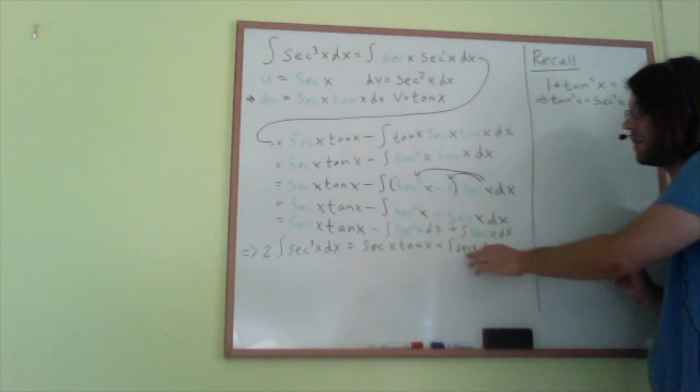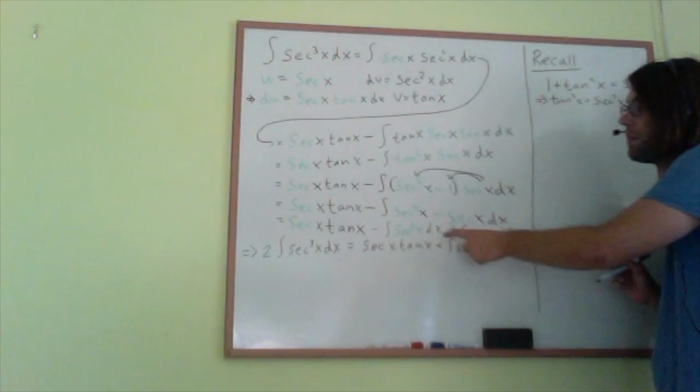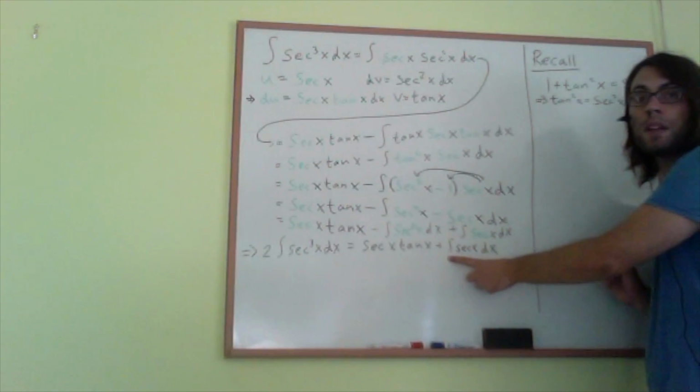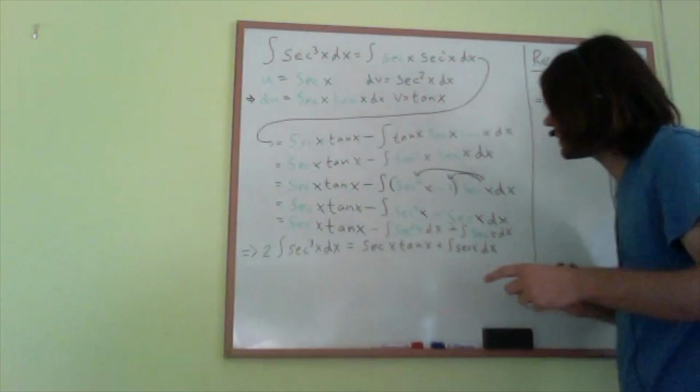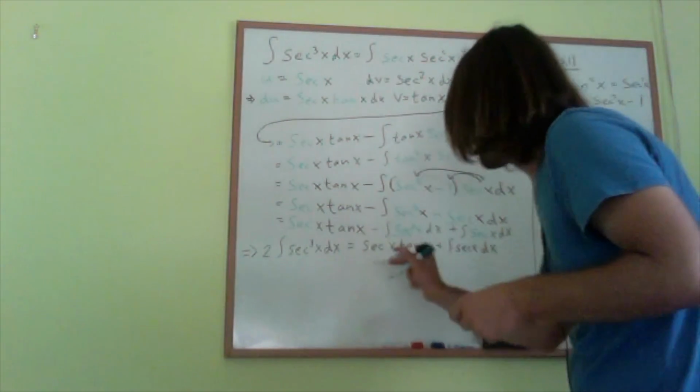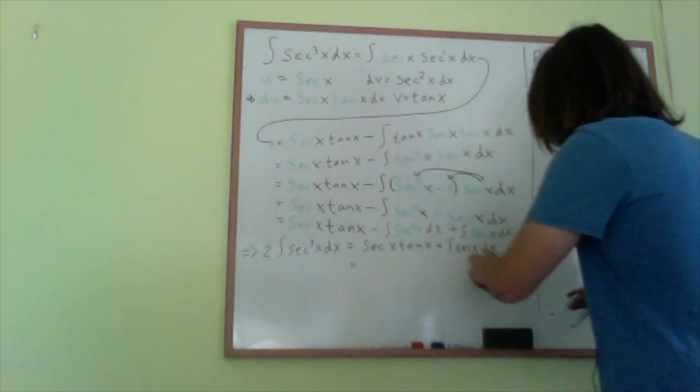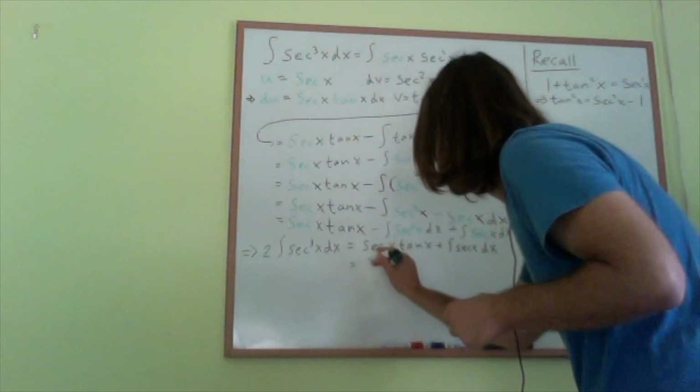And I said before we needed the plus c because we still have an antiderivative. The plus c is sort of hidden away in here in some sense. So I'm going to go ahead and integrate this guy, and the plus c is going to show up.